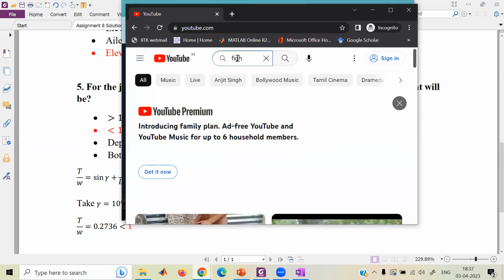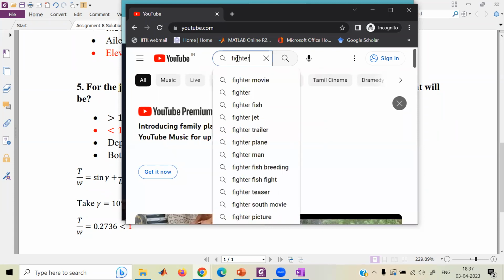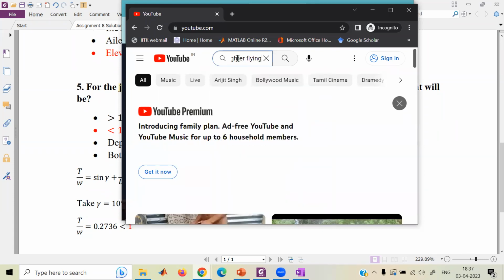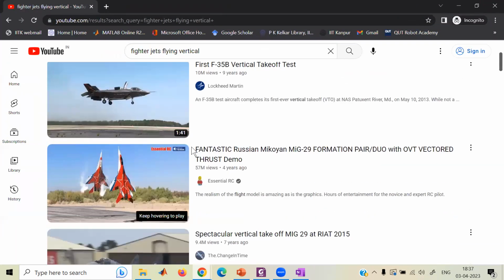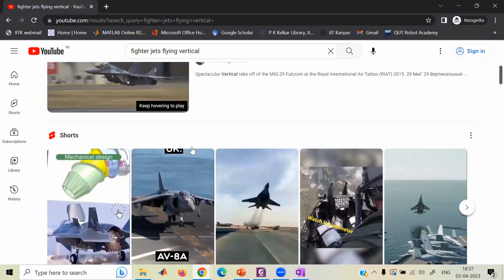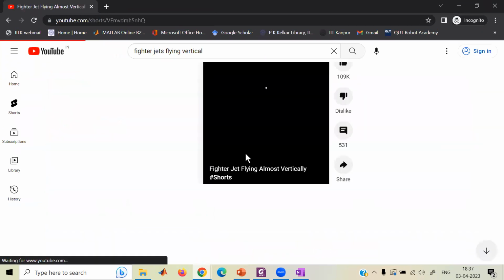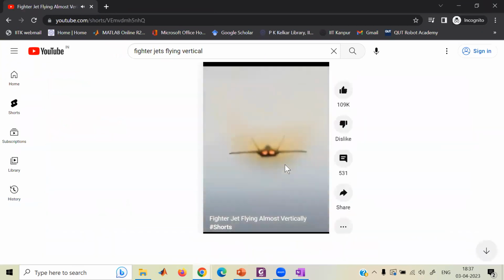What should be my keywords? Fighter flying vertically. Fighter jets flying vertical takeoff. Yep. Which fighter is it?